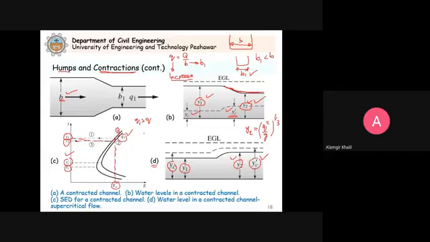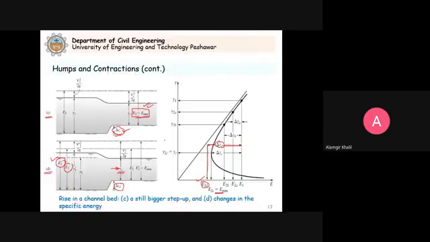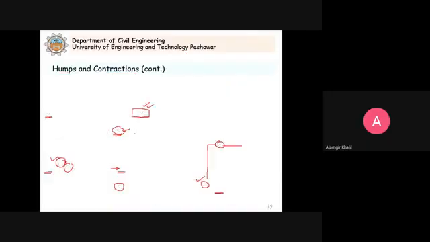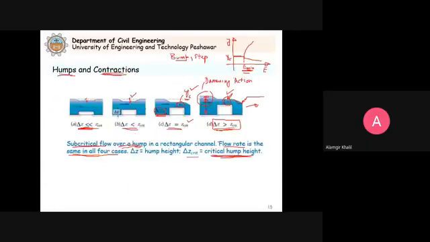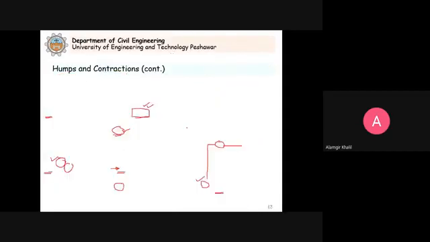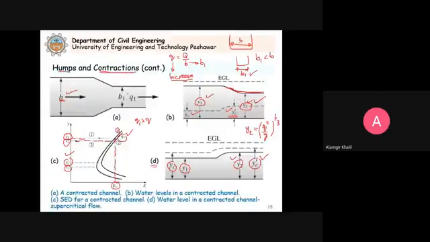We will solve a problem in which we will have a hump. In the hump case that we discussed, the specific energy changes but the discharge remains the same. But in the case of contraction, the discharge changes but the specific energy remains the same.